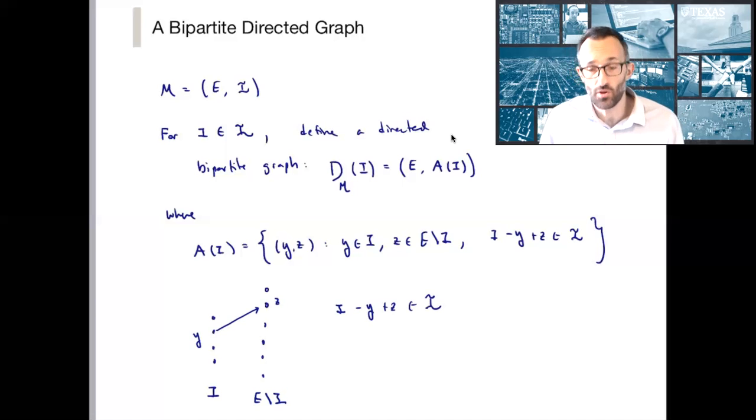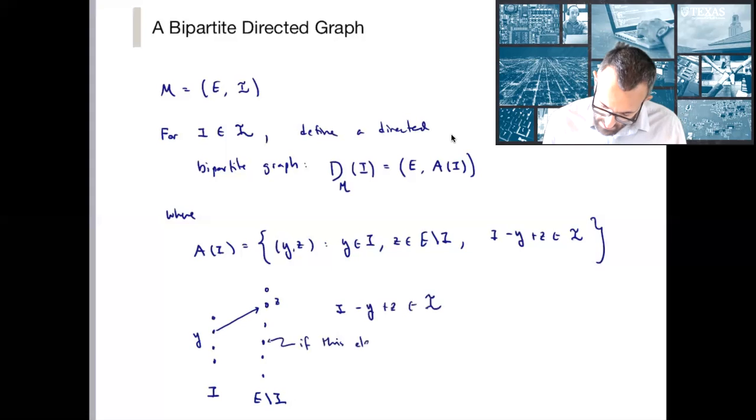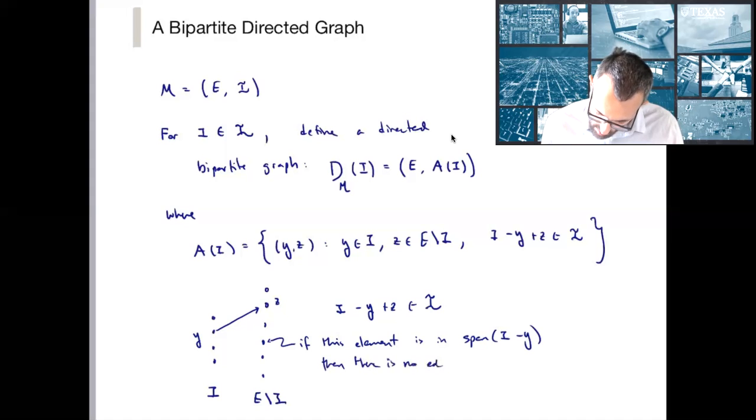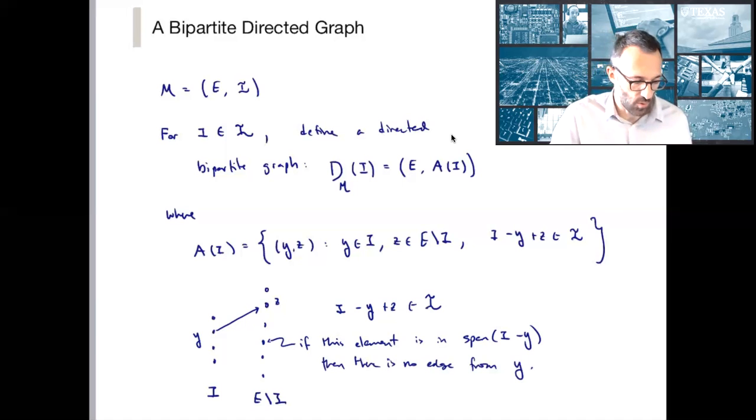So in particular, if this element is in the span of I minus Y, then there is no edge from Y. Okay, now let's see what we can do with this result.